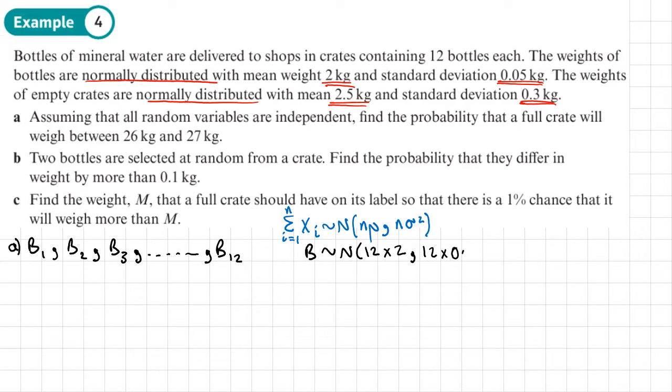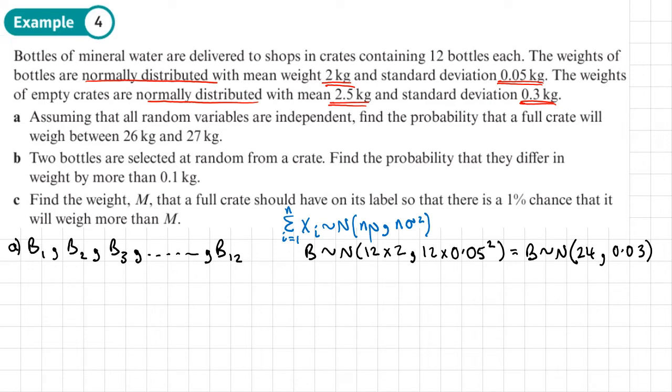Now that's going to be 0.05 squared because we've got the standard deviation of each bottle. So these 12 bottles will have a mean of 24, and 12 times 0.05 squared gives us a variance of 0.03. So that's for the 12 bottles.